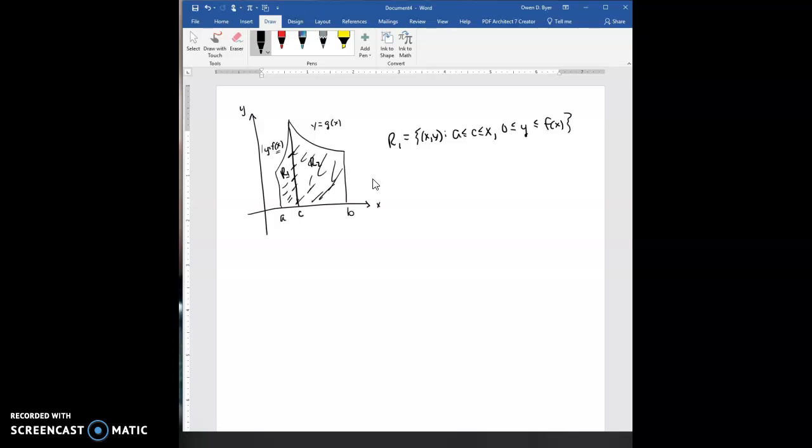The second region would be the set of all (x, y) pairs where x goes from C to B, and the y value again goes from 0 to the upper function g of x.